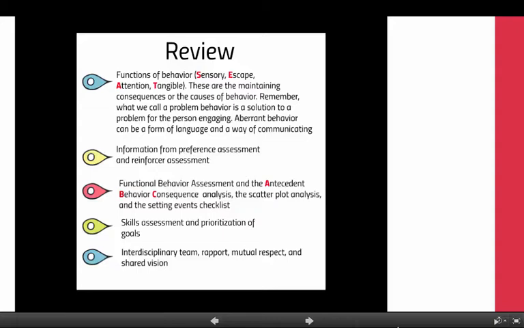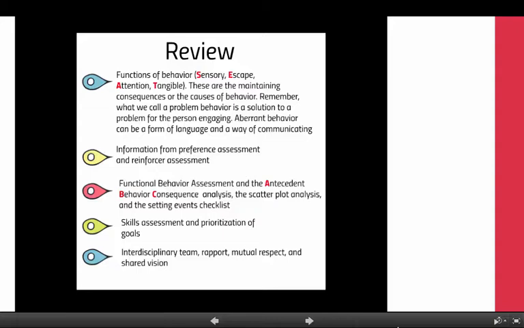So some people engage in problem behavior, for example, as a result of the sensory consequences that it produces. And that's what we refer to as automatic reinforcement. So a person's motivation can be based on and driven by the sensory consequences and the automatic reinforcement.